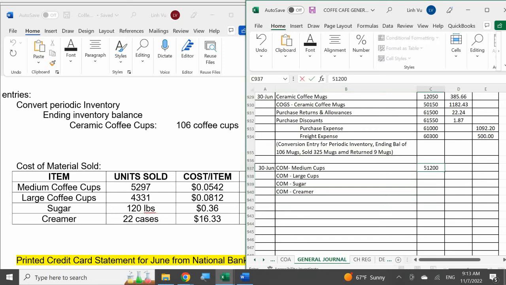51,200, 51,250, 51,300, and 51,350. Right? So how much is it going to cost me if I used 5,297 cups at a cost per item of 5 and 0.42 cents?